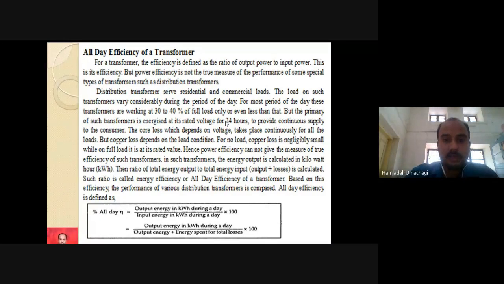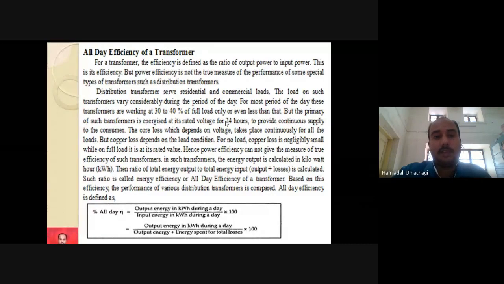So if I want to get the performance of the transformer, then I should check during what period of time the consumer utilizes the power supply. So if I take the time dependent parameter into account, then that is going to give us the exact efficiency, which we call true efficiency or energy efficiency or all day efficiency. Is it clear?